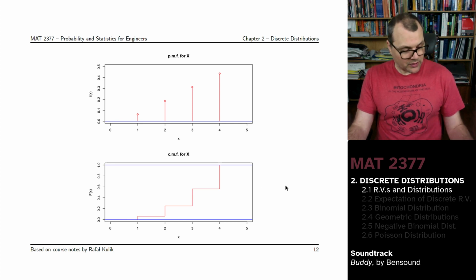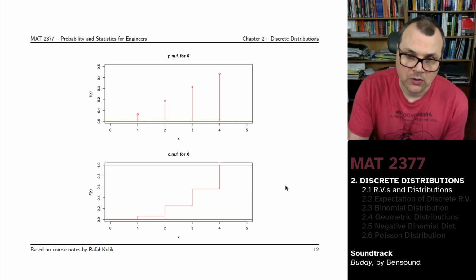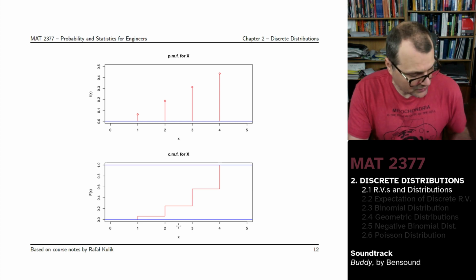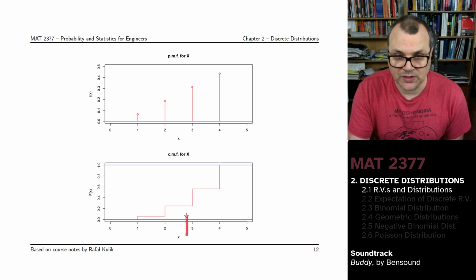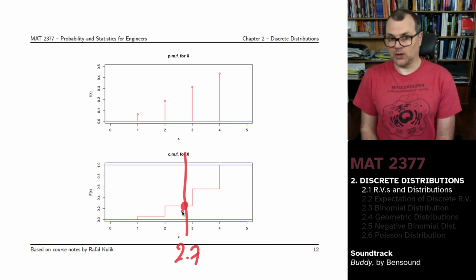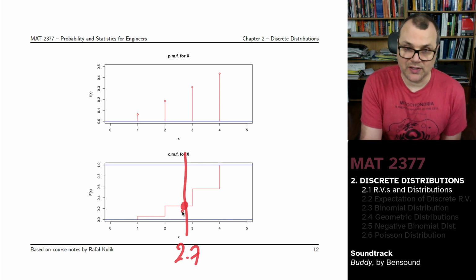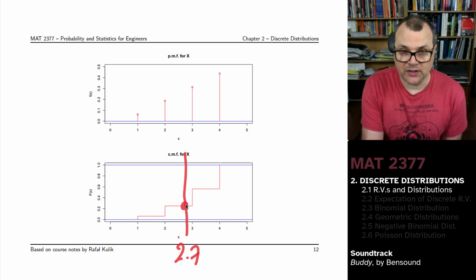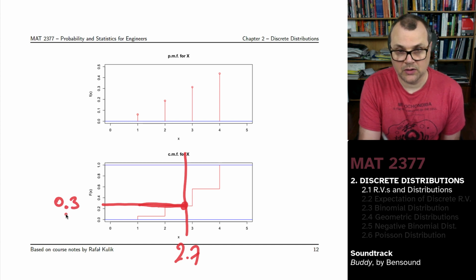How do we read this? Really what this is saying is that if you want to know the probability of picking something which is, say, smaller than 2.7, you would find the location on the graph which crosses the vertical line at 2.7, and then you find the equivalent height to be here at 0.3.